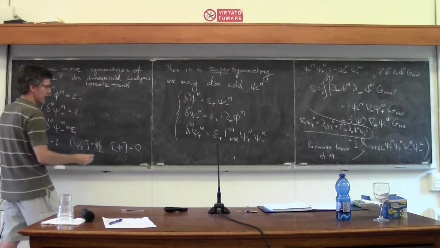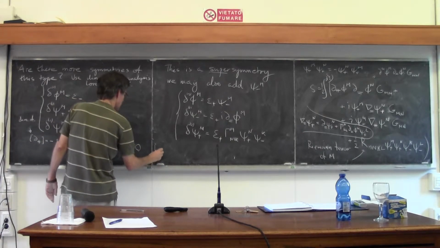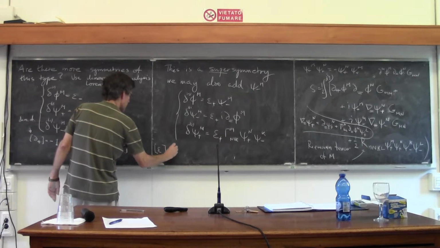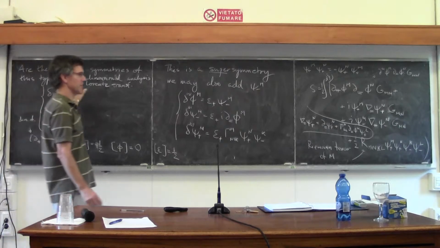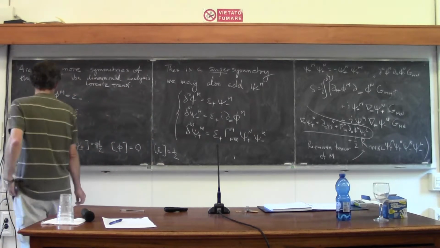And to make things work, we have to count the epsilon as having dimension 1/2. So now we have something with dimension 0 on the left-hand side, so we have to write something with dimension 0 on the right-hand side.